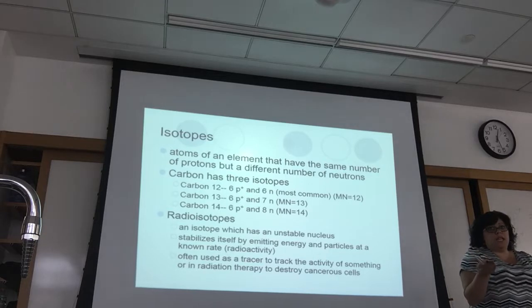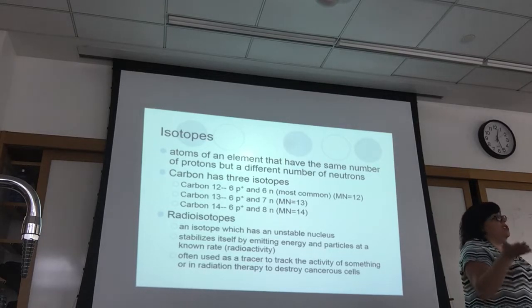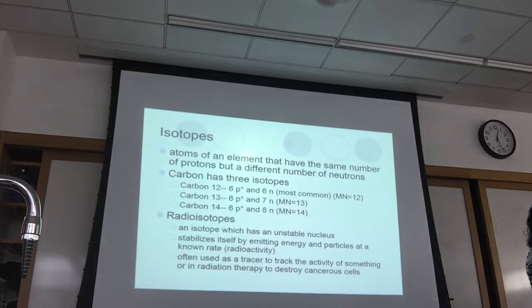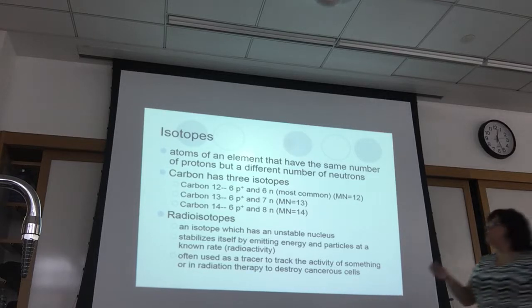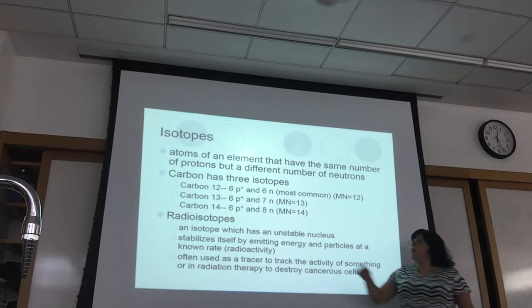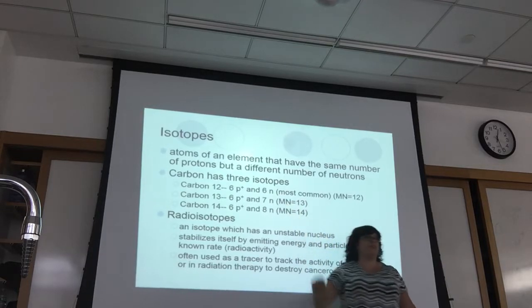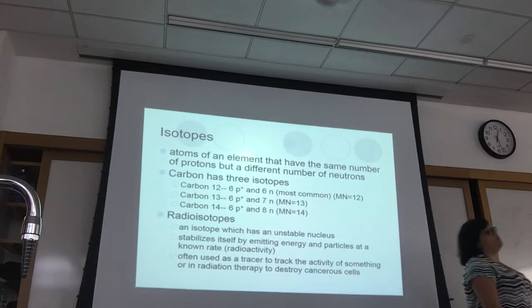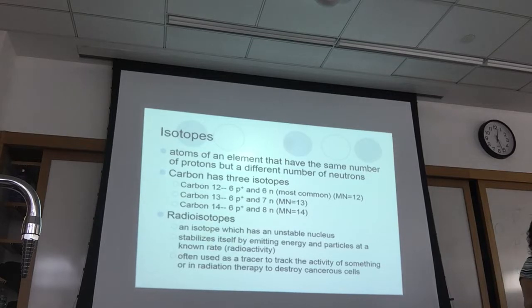I'm changing the nucleus. I'm changing what's in the nucleus, changing like the weight of the atom, the isotope. So no longer do I have a mass number of 12 like I had before. Now I have a mass number of 13. And we refer to this as carbon 13. Carbon with a mass number of 13.